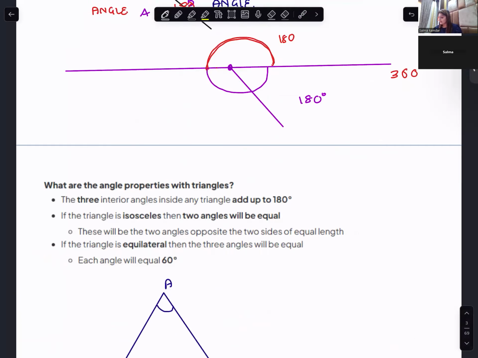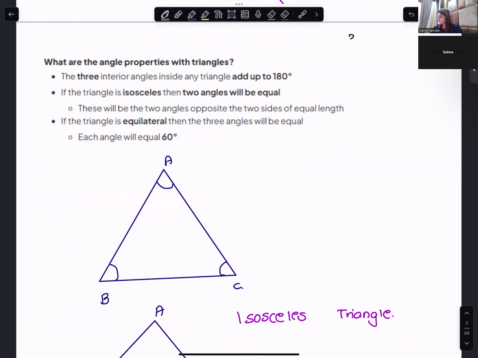So we've learned three properties. Angle at a point is equal to 360 degrees. Straight line adds up to 180 degrees. And the third, vertically opposite angles are always equal.